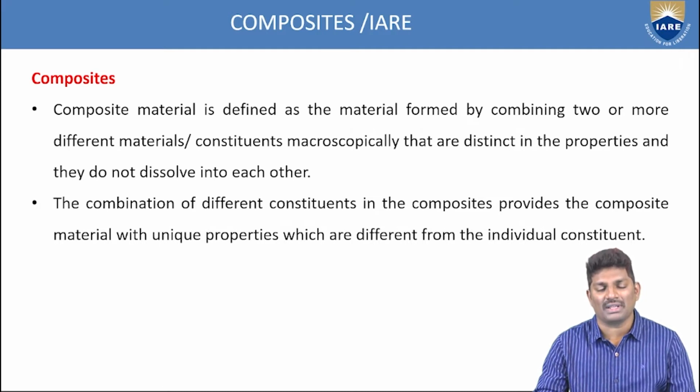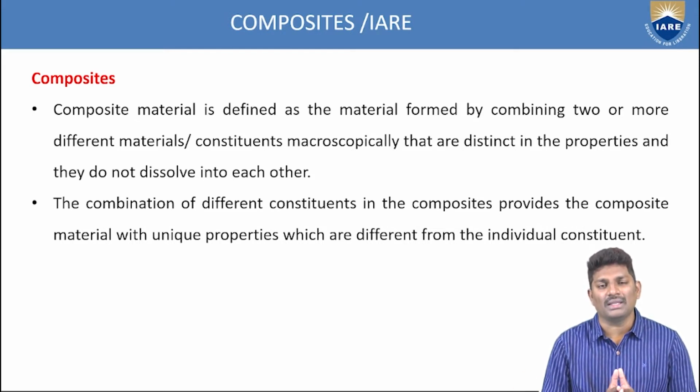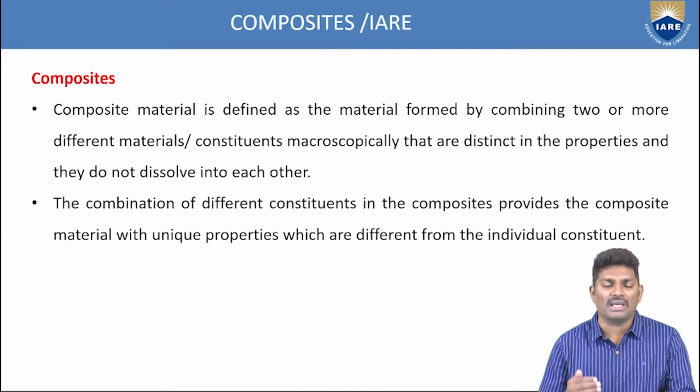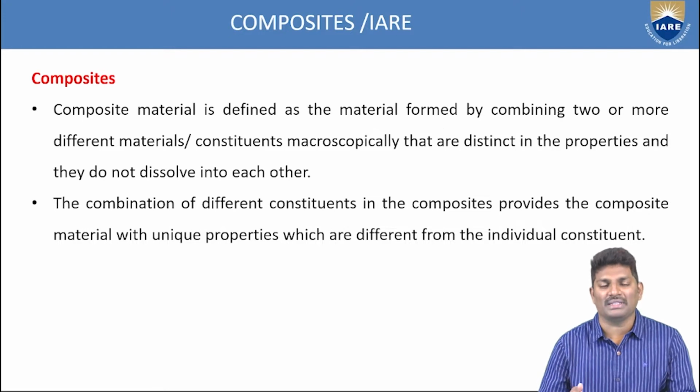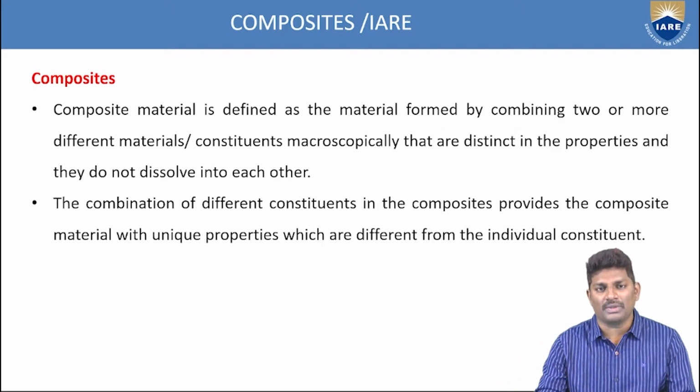So what materials do we have in composite materials? These two or three materials that we are adding do not dissolve into each other, but they will look like a single material. Compare this with the polymers we discussed in the previous session. Polymers have many parts, and they can dissolve into each other. But in ceramic composite materials, the constituents do not dissolve into each other.